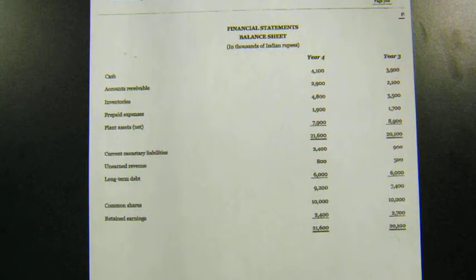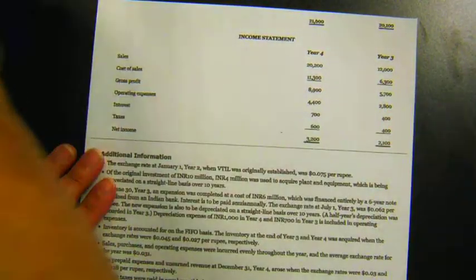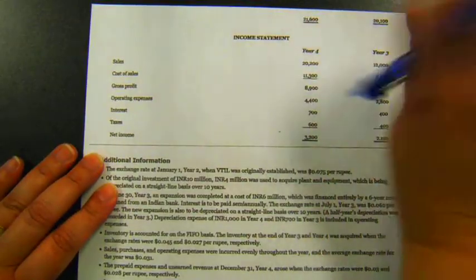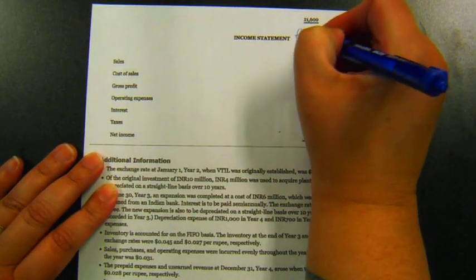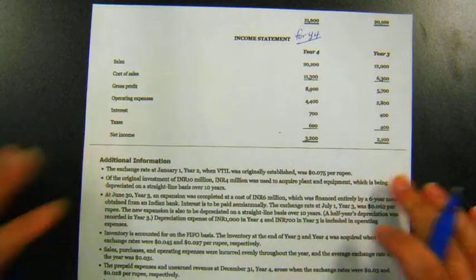Here, on the second page, it's got the income statement, and let's remember this is year 4, which is also for year 4. It's kind of light. We don't care so much about year 3. Our focus is always year 4.